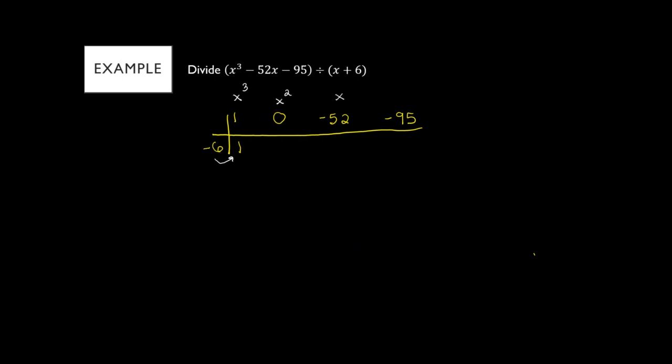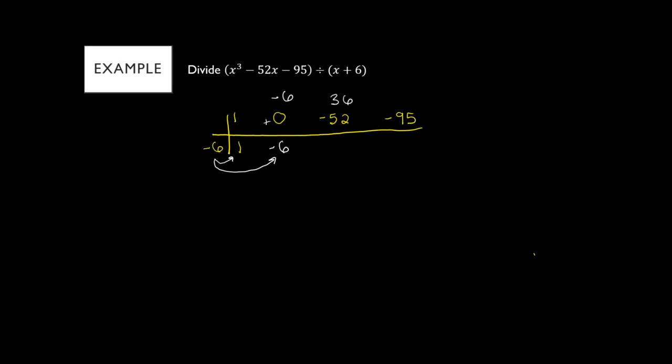I'm going to erase that because that's where I put my multiplication. So that's how we have it set up. So now we're taking our negative 6 and multiplying it by 1. And that gives us negative 6. And then negative 6 plus 0 is negative 6. And then I take my negative 6 and multiply it by negative 6.